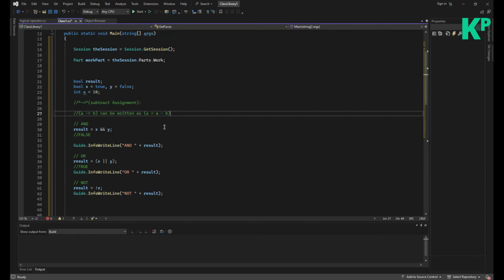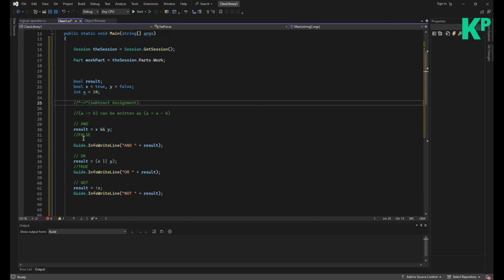As a developer, I know that this is much simpler to use, but if you're reading code which is written by someone else, then you might find this. If you don't have this assignment operator at the back of your mind, you will get a little confused. You might need to Google it to understand it. So it is better that you at least understand what these assignment operators mean.